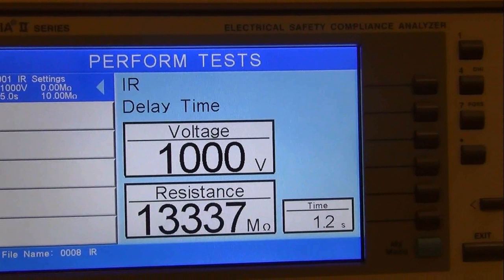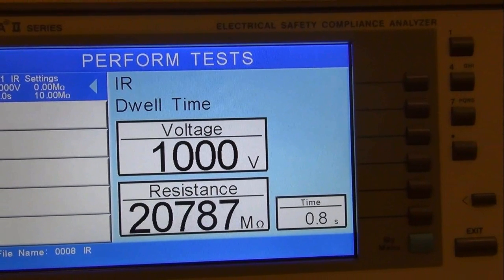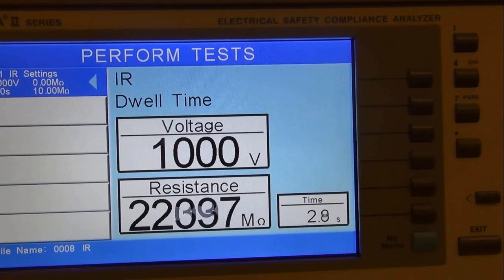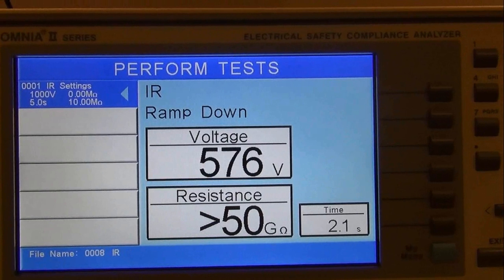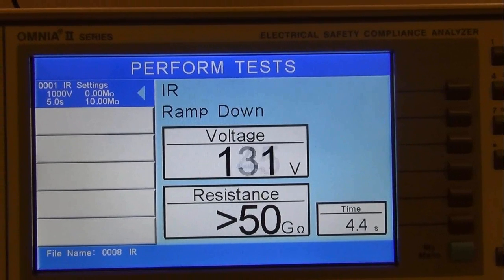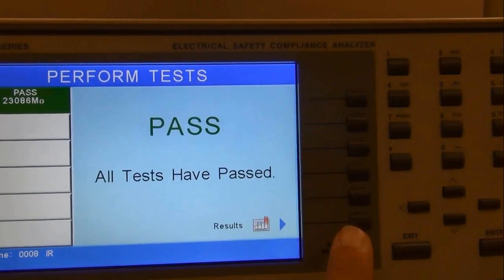What we're seeing here is the voltage has ramped up to 1000 volts, but the test time is only allowed to run for 5 seconds. At the end of our test, after the ramp down, as you can see the voltage ramping down right now, we're going to look at our test results.